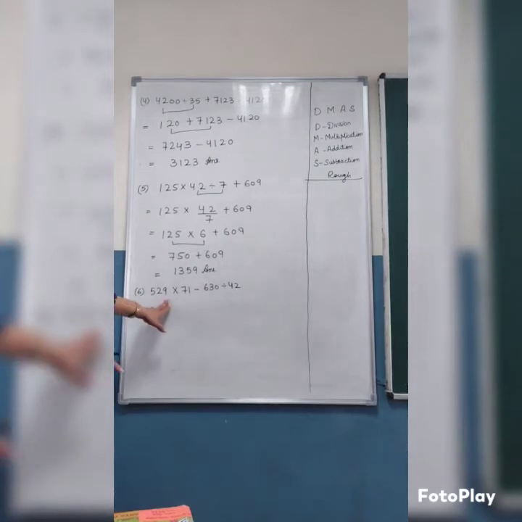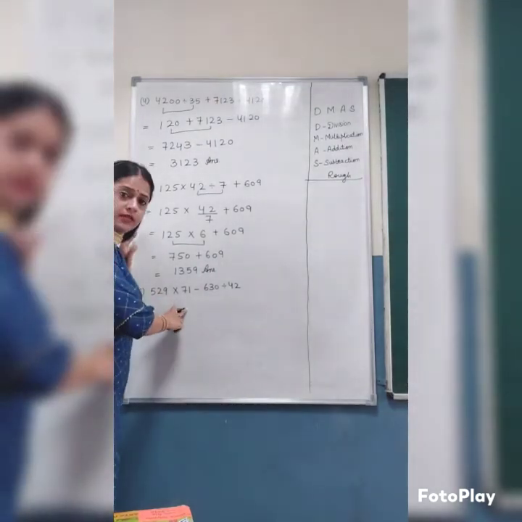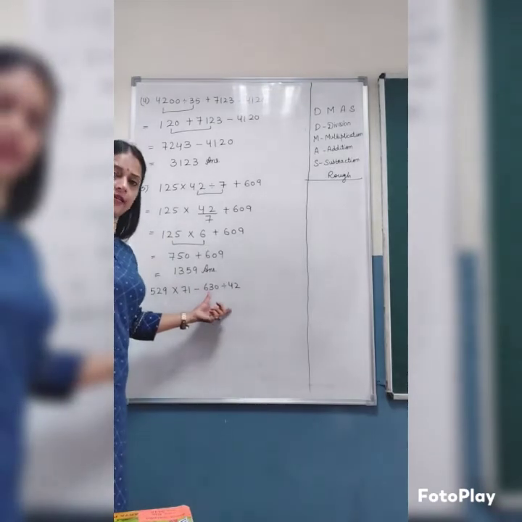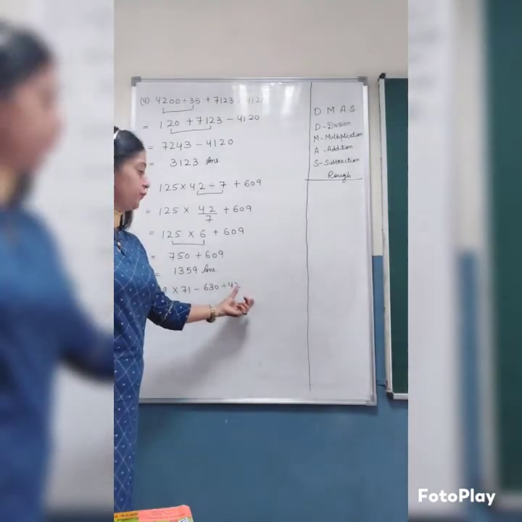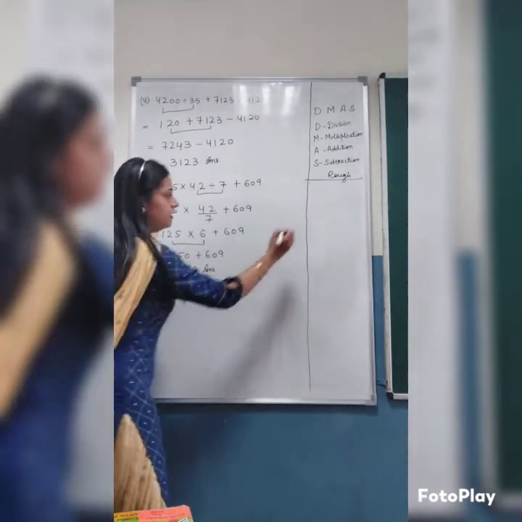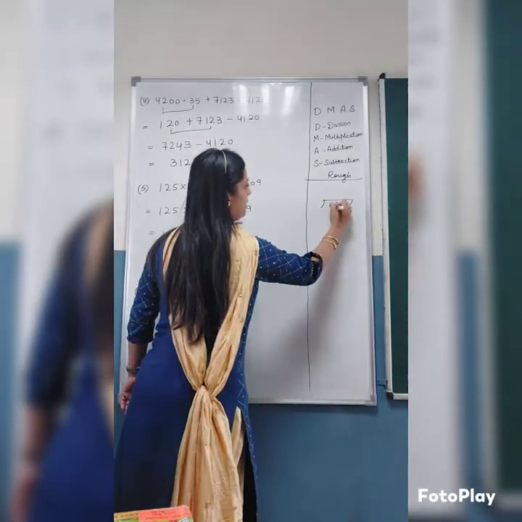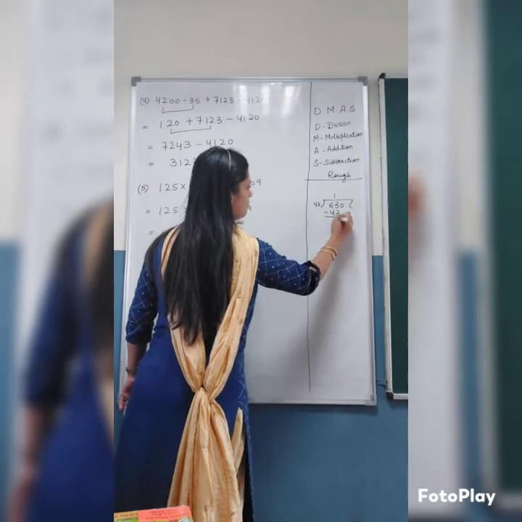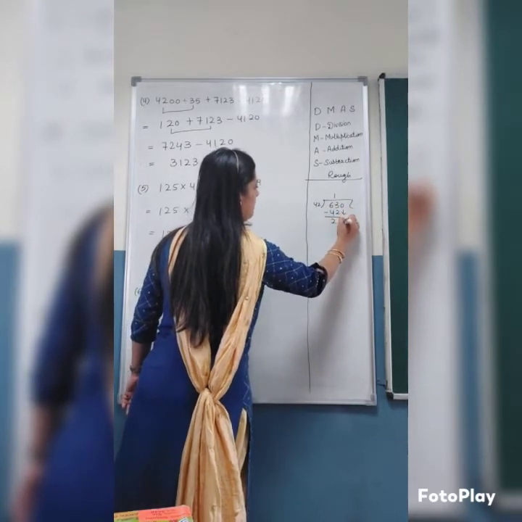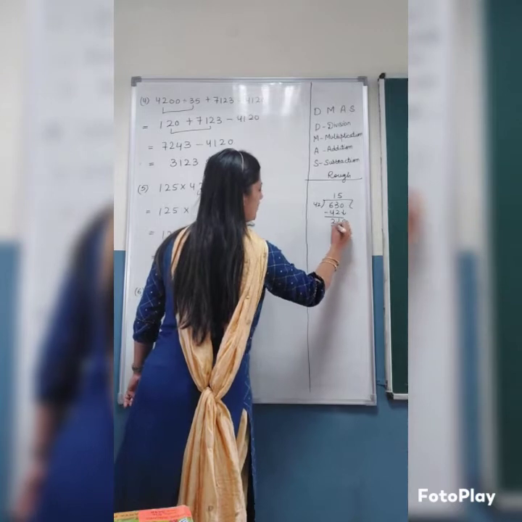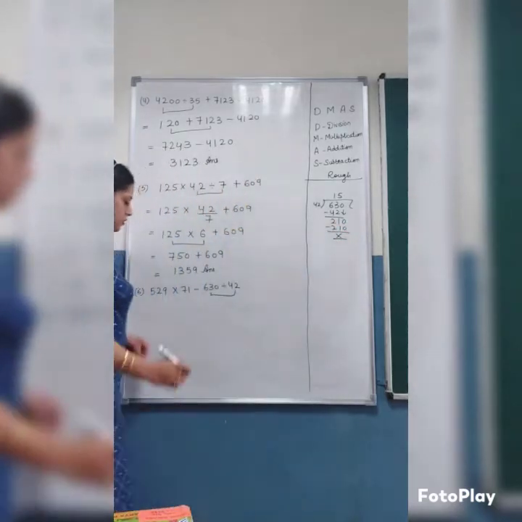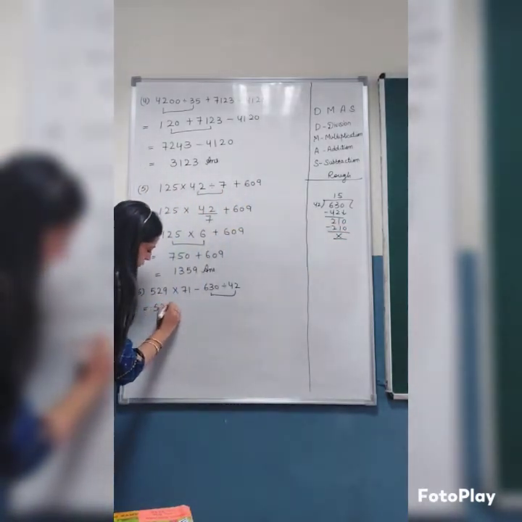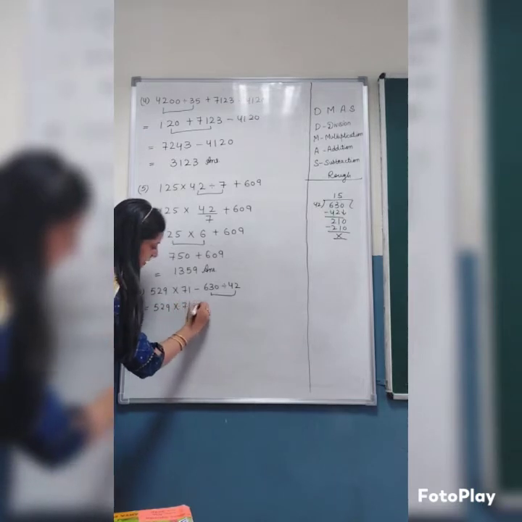Next is 529 multiplied by 71, then subtract 630 divided by 42. First step is to divide: 630 divided by 42. 42 ones are 42, then 42 fives are 210. So we are left with 529 multiplied by 71 minus 15.